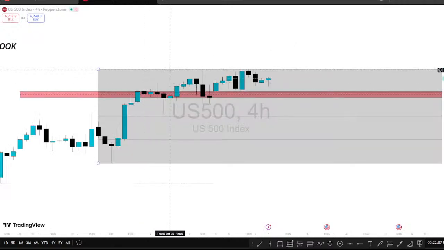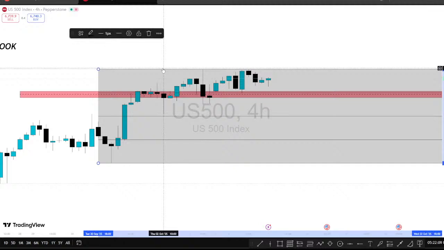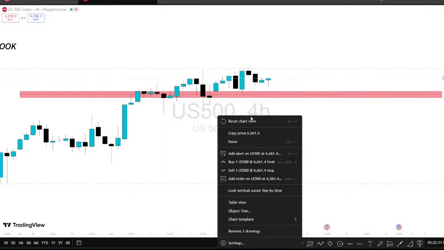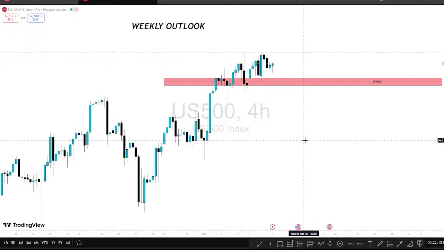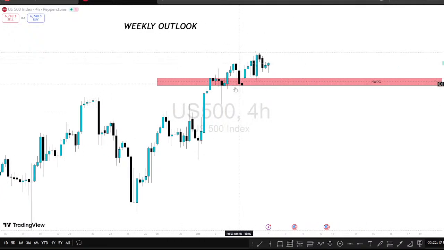So let me delete this so that you can see if we have the same levels on. So you will notice that we have not had that confirmed change in state of delivery on NASDAQ, on SP500.